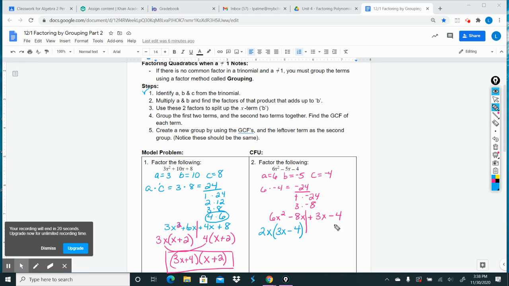On the right-hand side, there is nothing to factor, so we factor out a 1, and 3x minus 4 is left over. Our GCFs are 2x plus 1, and our final answer for our leftovers is 3x minus 4. So this is the factored version of our original trinomial.